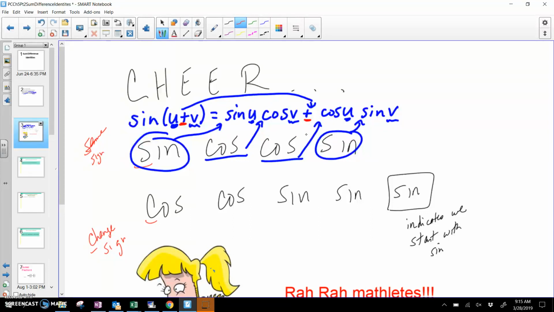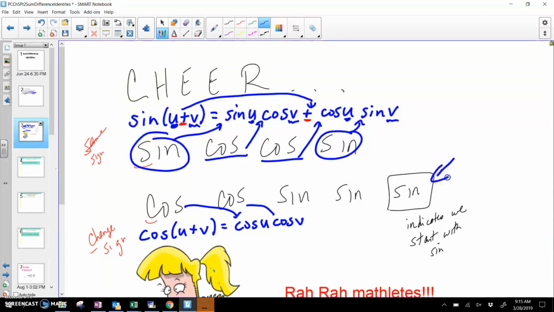Now the second half of the cheer, the cosine, cosine, sine, sine, sine part, that goes for if we have the cosine of u plus v. It works the same way, where I'd have the cosine of u, but this time I take the cosine of v right away. Okay, so the cosine one works like that.